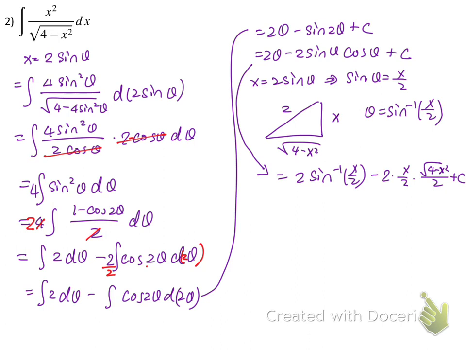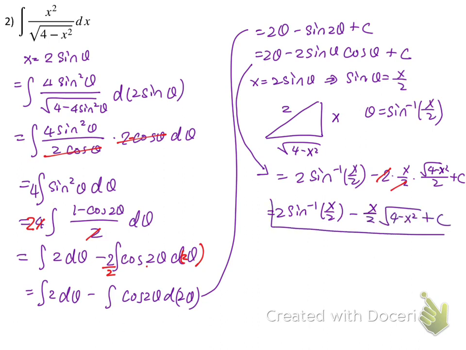I can cancel a 2 with another 2, so this will be 2 sine inverse of x over 2 minus x over 2 square root of 4 minus x squared, then plus c. Well, again, the given integral is in x only. Your final answer is in x only.